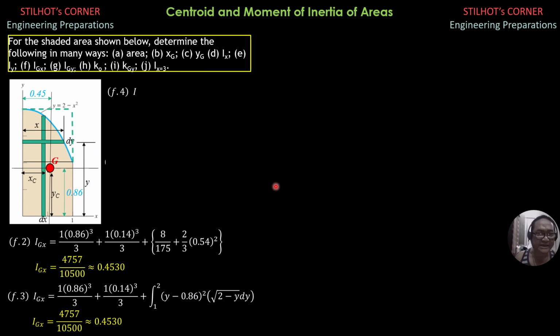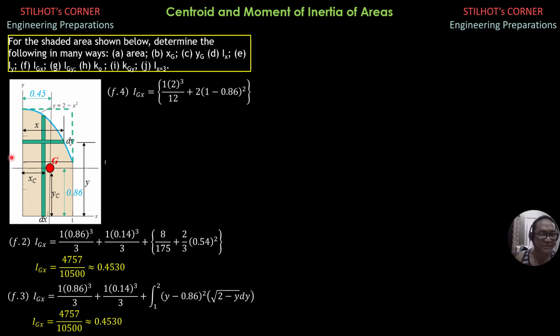Another method is IGX is equal to, we consider the rectangle with respect to its centroid, transfer it to the centroid of the entire region. So this is for the rectangle, 1 height 2 cube over 12. Then the centroid of the rectangle is of course 1. The centroid of the entire region is 0.86 from the bottom.